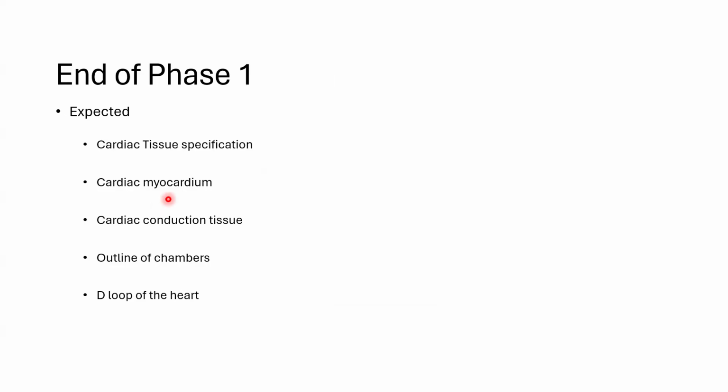So eventually they form the cardiac myocardium, which forms the endocardial tubes, which fuse to form our primitive tube as well. We also expect conductive tissues to be formed, the outline of the future chambers to be formed through the lobulation of the tube, and then eventually the dual loop of the heart. So from there, we move to phase two.